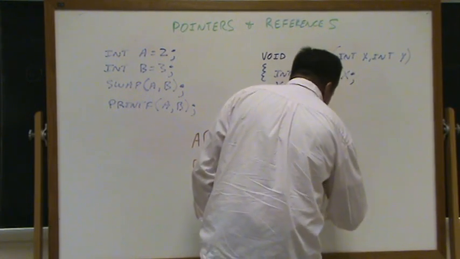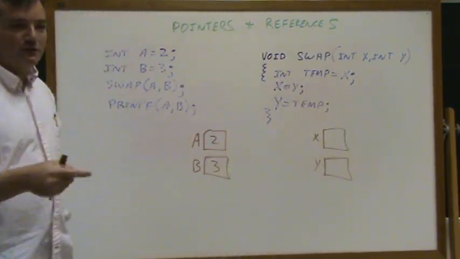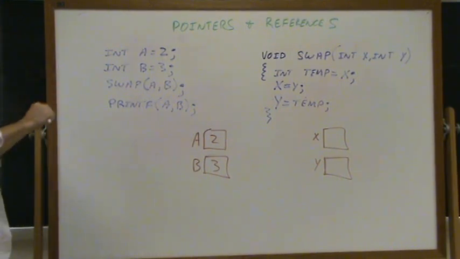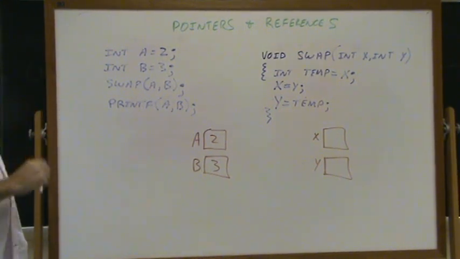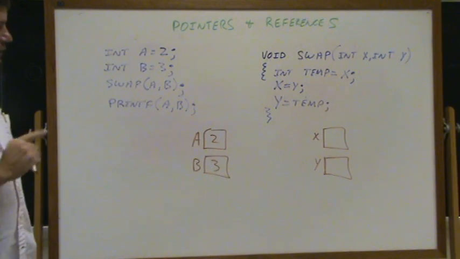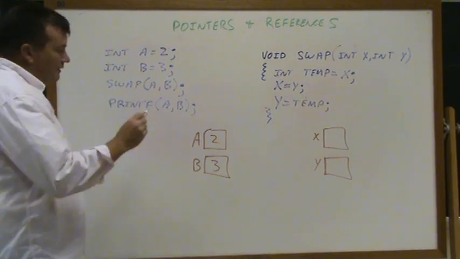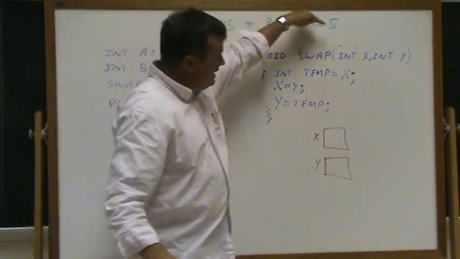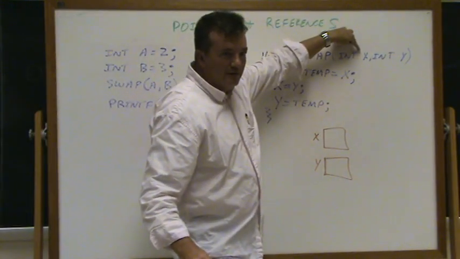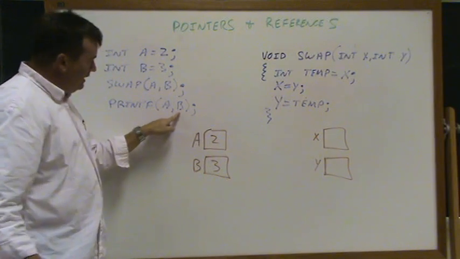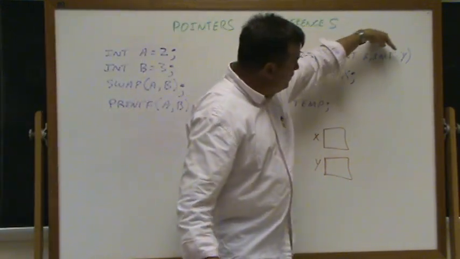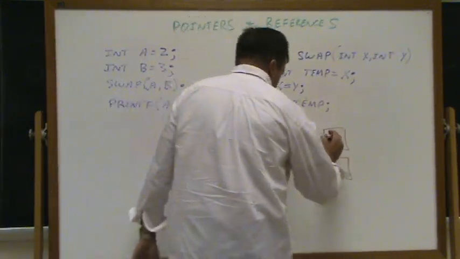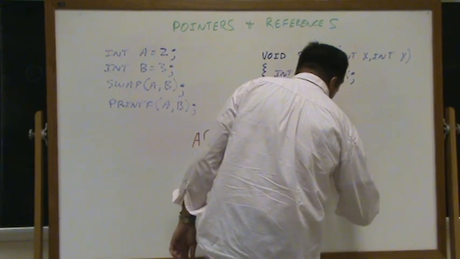We can explicitly say no, this is not a new piece of storage, it's a label on someone else's storage. We can explicitly do that. Okay, so now what happens? The value of A gets copied into x, and the value of B gets copied into y. So this happens: 2, 3.